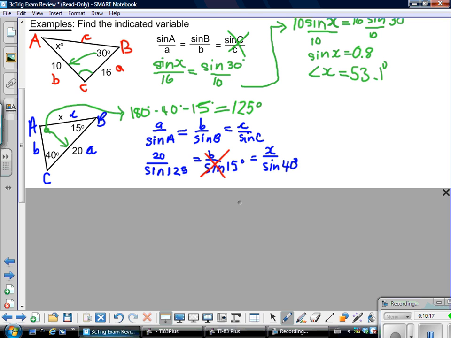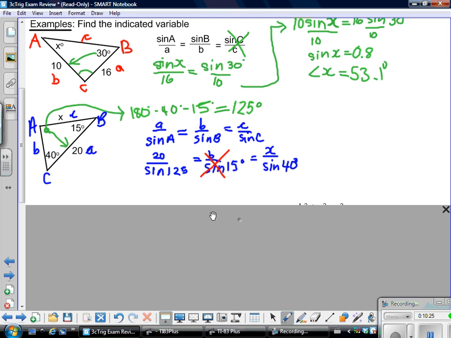So now I'm going to cross multiply again with these two items that are left. Not tons of room, but enough. So here's the x, and I'm going to cross multiply it with the sine of 125. So x sine of 125 equals 20 times the sine of 40.